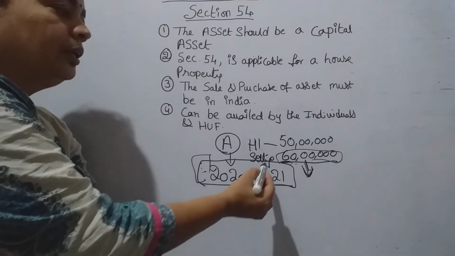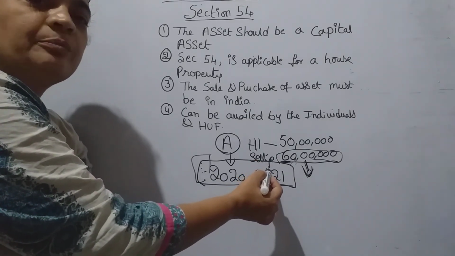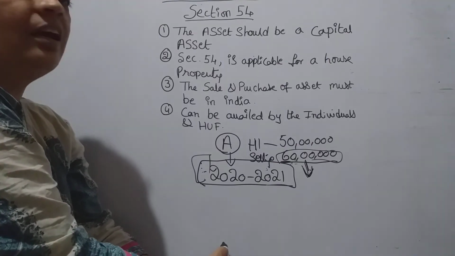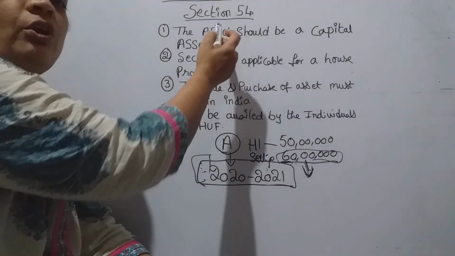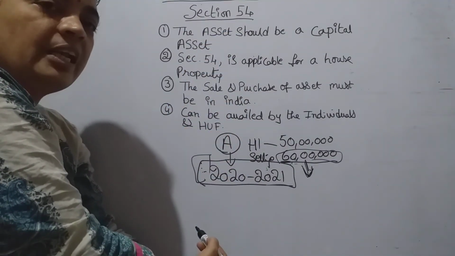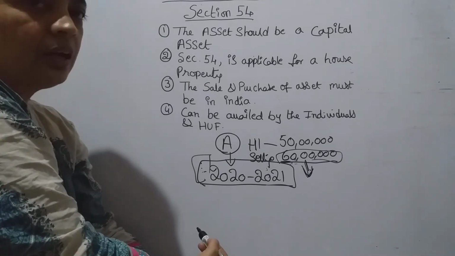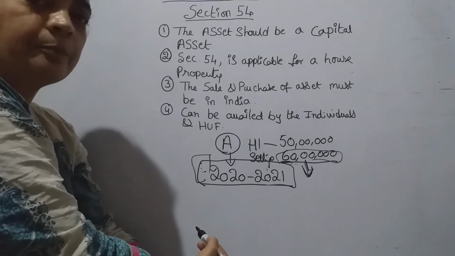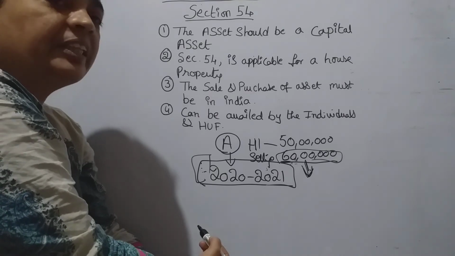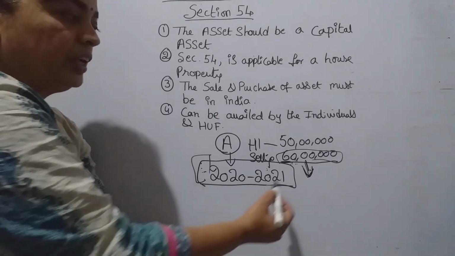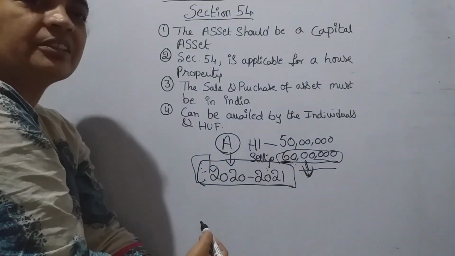Then also this is exempted. So is it clear? Section 54 deals with the sale and purchase of residential property and how to avail the exemption for the sale proceeds.